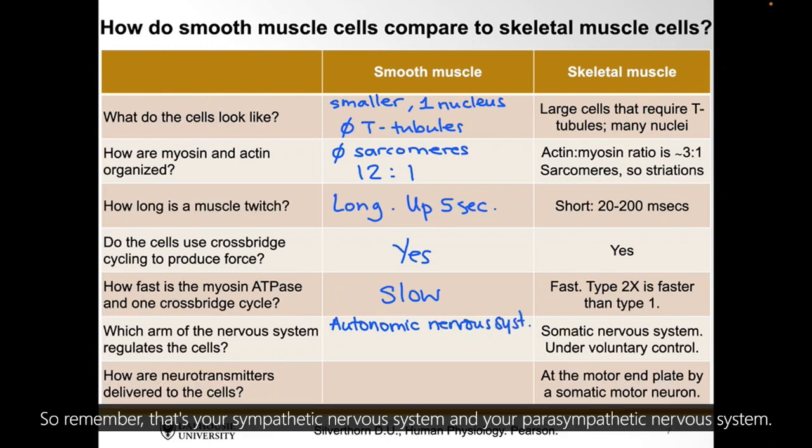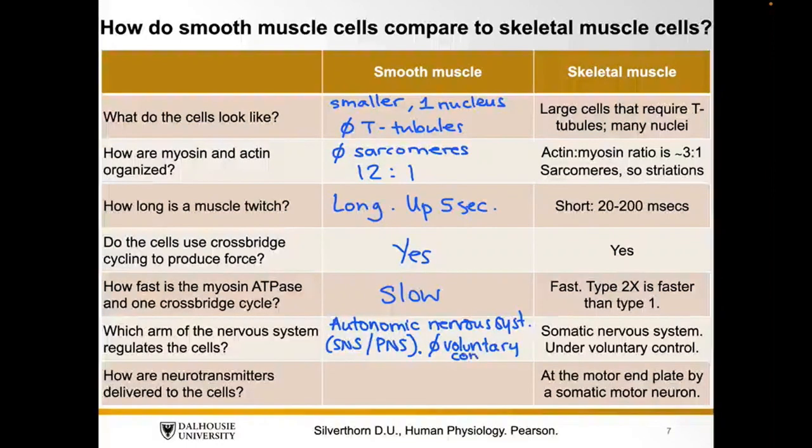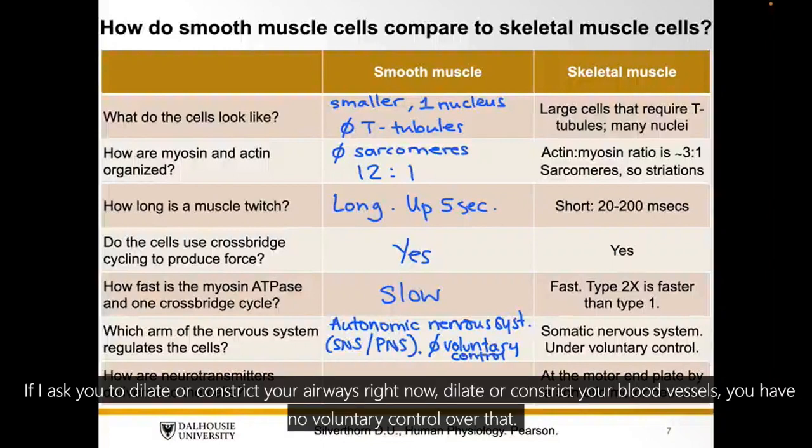So remember, that's your sympathetic nervous system and your parasympathetic nervous system. And what this means is that we have no voluntary control over smooth muscle cells. If I ask you to dilate or constrict your airways right now, or dilate or constrict your blood vessels, you have no voluntary control over that.